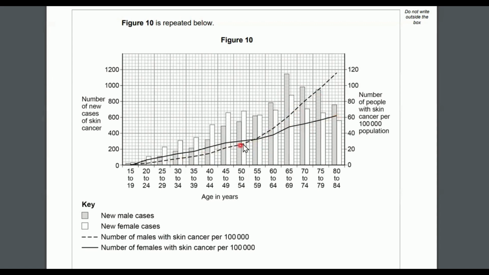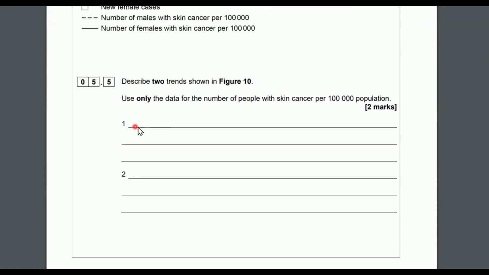So there's a difference there. Look at the males' skin cancer is accelerating after age 59. We could say that the females are higher than males up till age 59. After age 59, the males are higher. So you just pick any two of these trends that you can spot and write them down here.